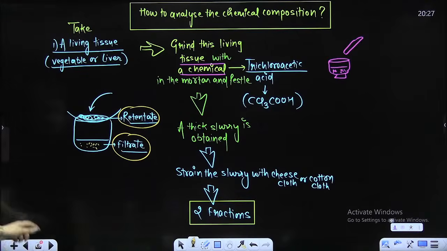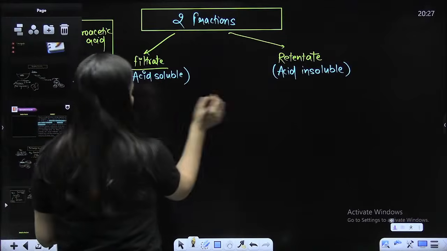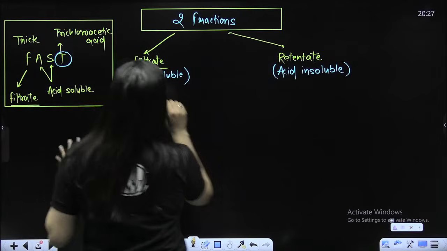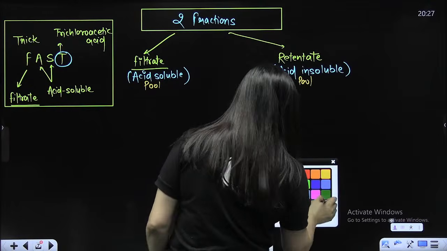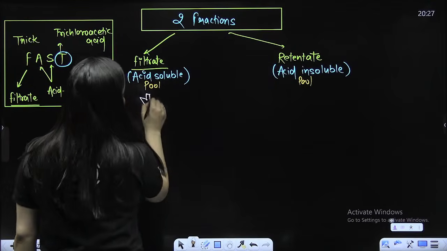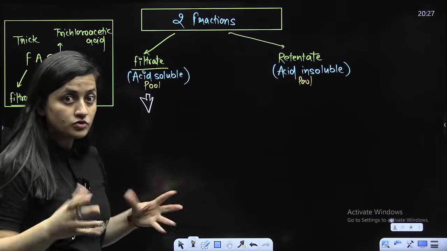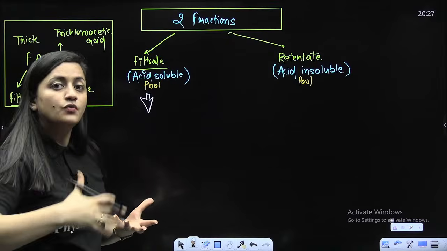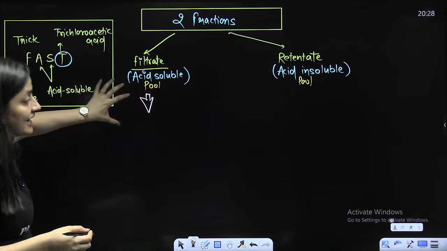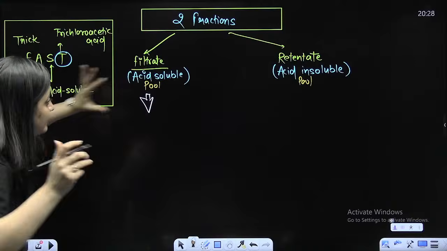So in the case of the acid soluble pool, or acid soluble fraction, any word you can use, what do we have here? Obviously organic compounds, but just organic compounds? No, inorganic compounds are also there. So one by one we will study that. So the filtrate, as I said, everybody pay attention, is the acid soluble pool.